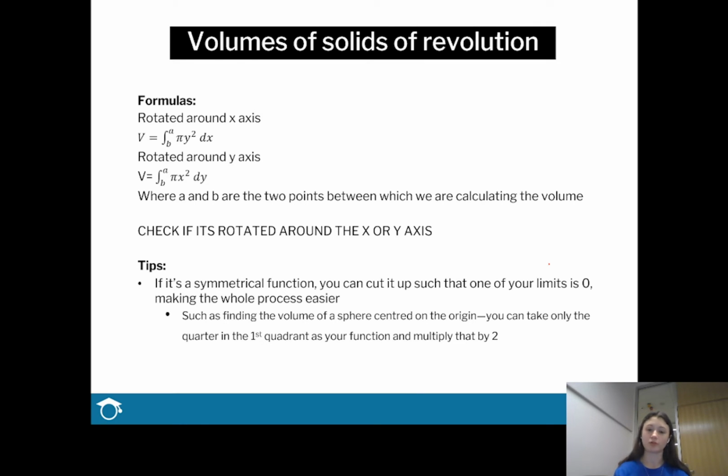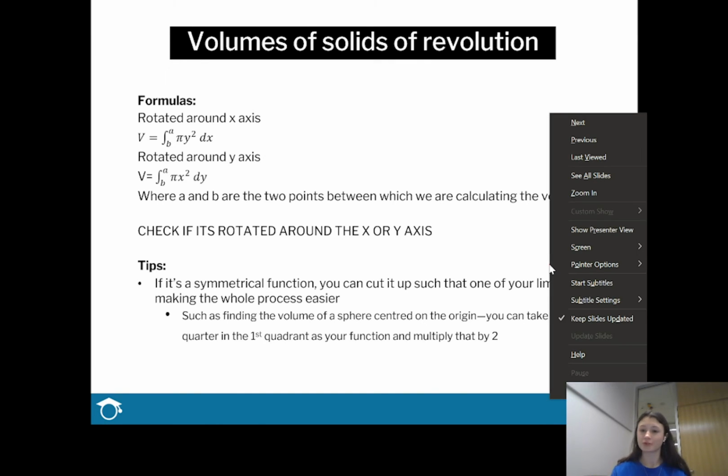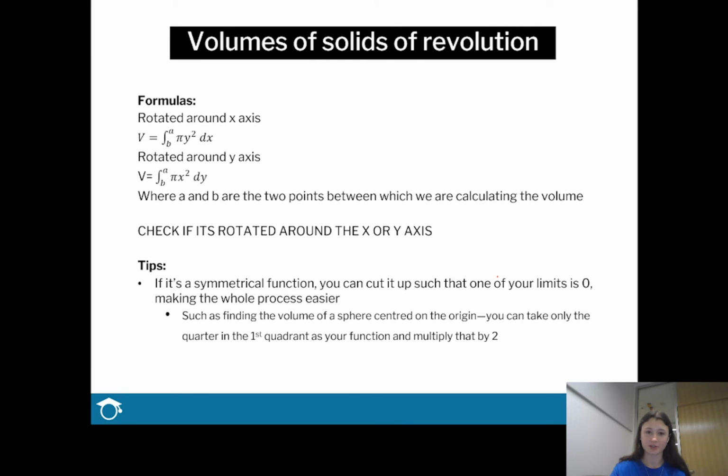And that means that one of your limits can be 0, which really makes the process a lot easier, especially in the exam when you're kind of under a time constraint. Again, I would draw a diagram, but she's not working.